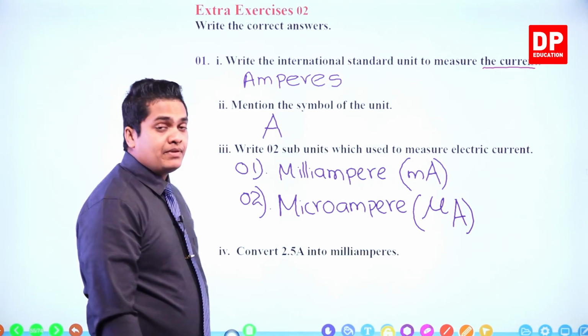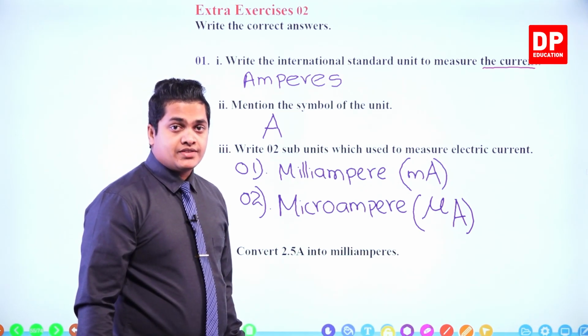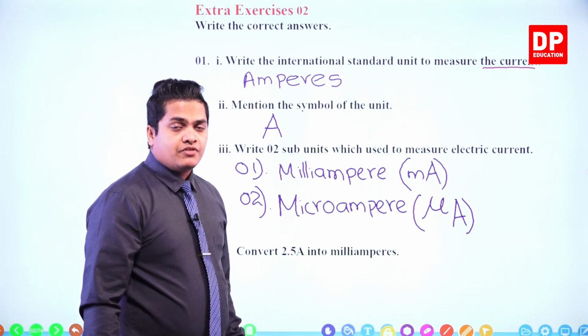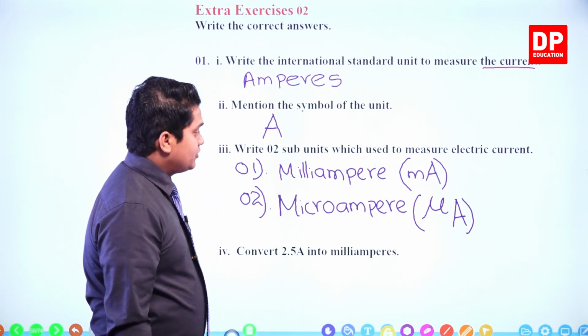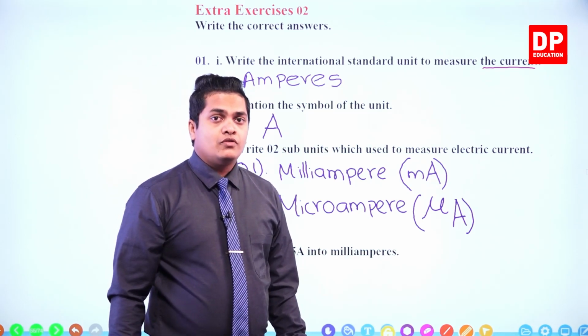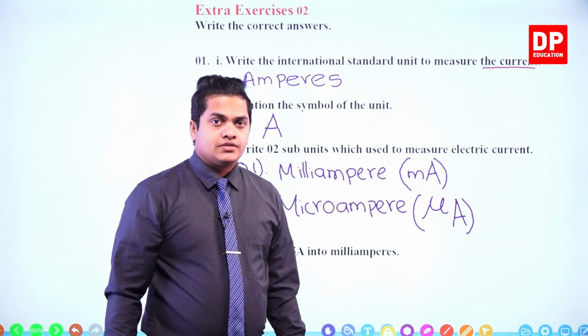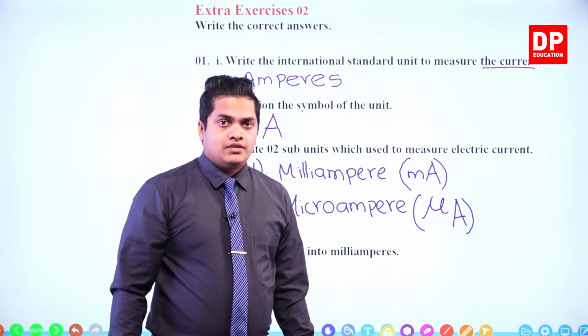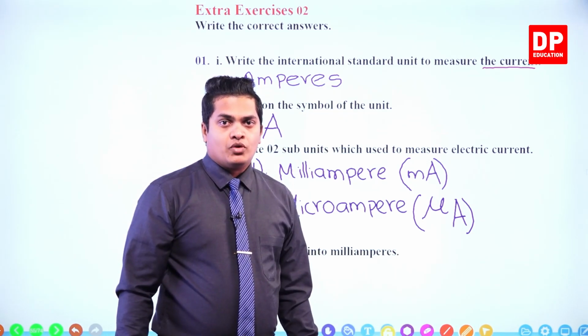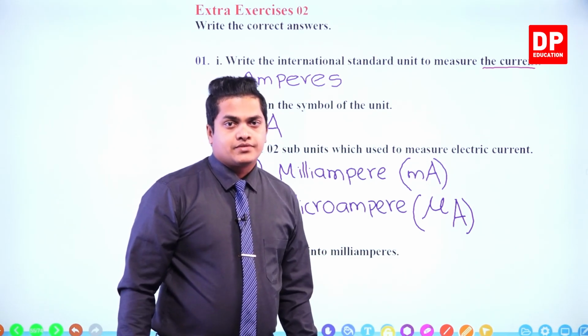Right. So milliampere and microampere are the two subunits that we use to measure electric current. Especially these two units are used to measure very small amounts of electric current. Ampere we use to measure large electric current.